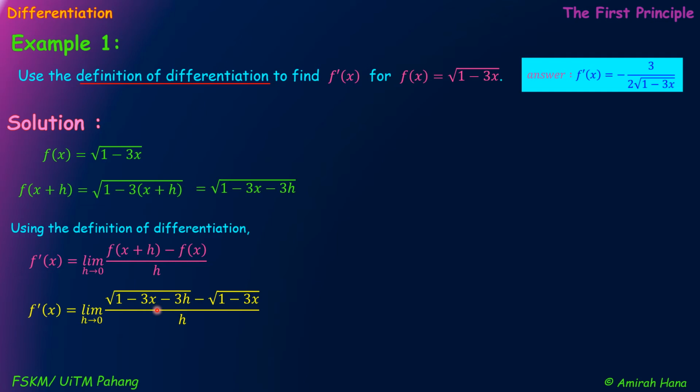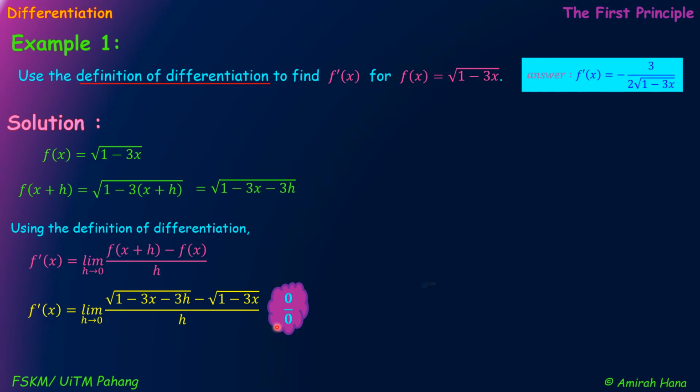If we plug in 0 for h, we get the square root of 1 minus 3x minus the square root of 1 minus 3x. We minus the same function, so it equals 0, and 0 for h in the denominator. So if we use direct substitution to solve this limit, we will get 0 over 0, which is indeterminate.